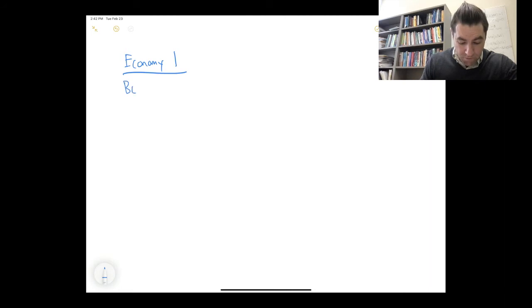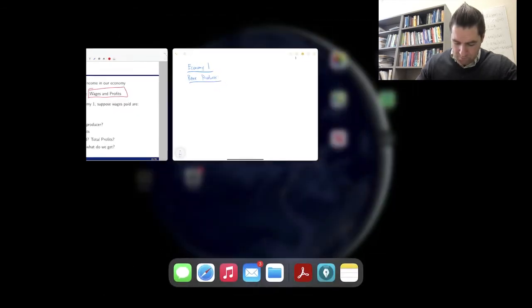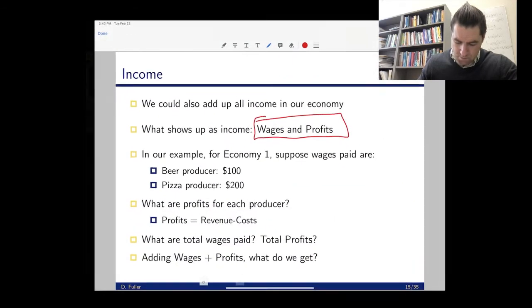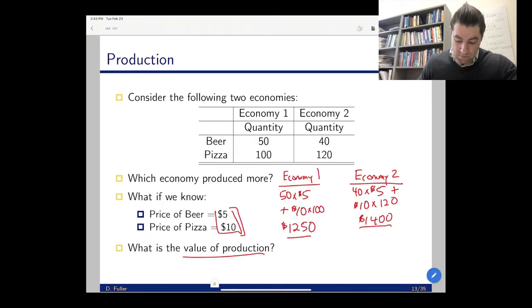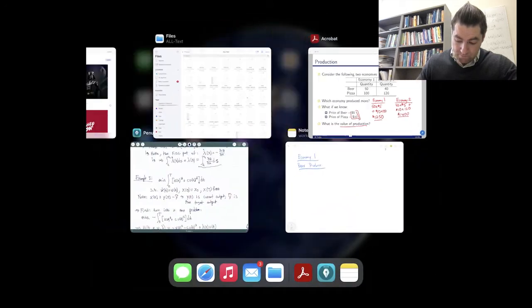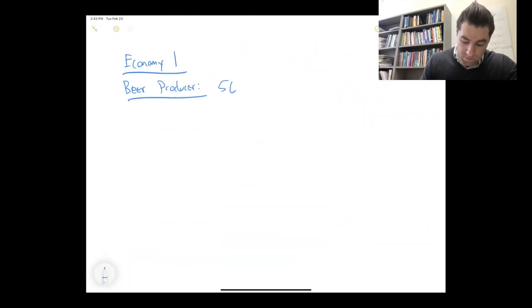And I'm going to look at the beer producer. The beer producer made in Economy 1, I think it was, 50 beers. And those beers sold for $5.